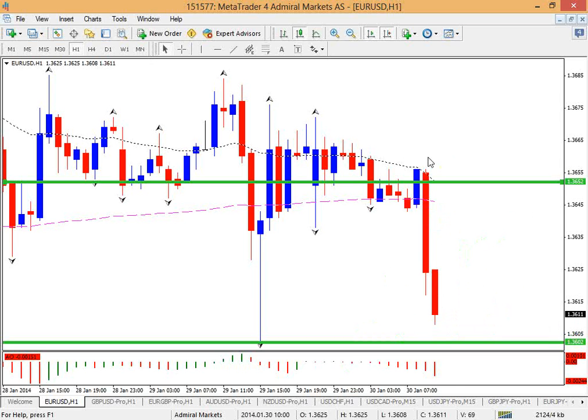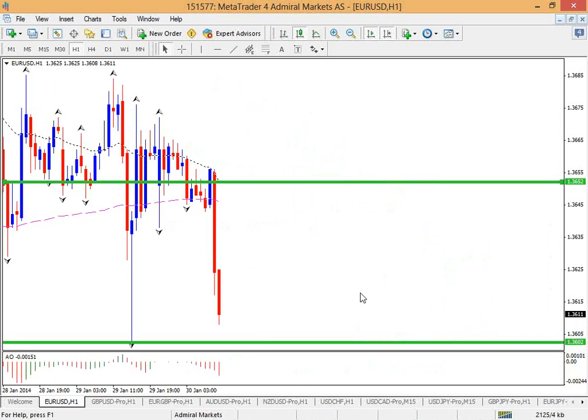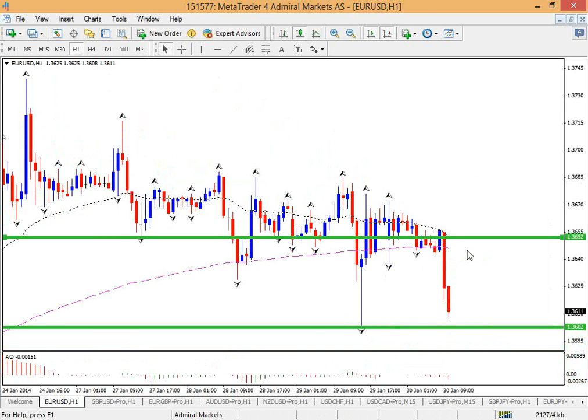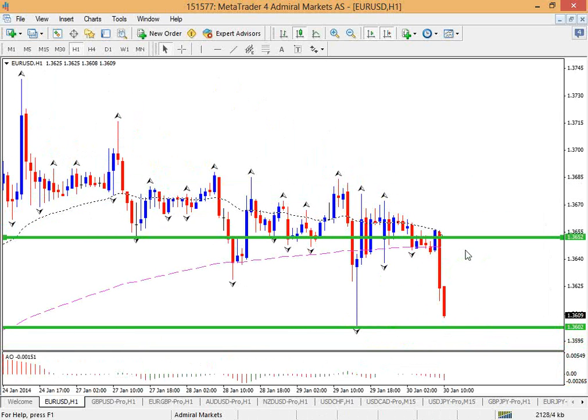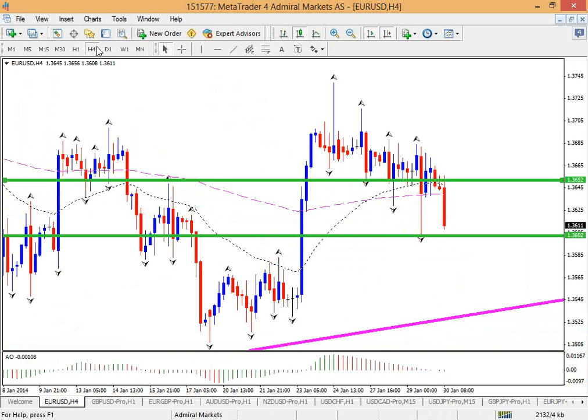So let's see if we get the pullback. If you like that trade, it really depends if you like to trade counter trend trades in a way, although the term counter trend is maybe becoming a bit obsolete with this channel to the downside, right?